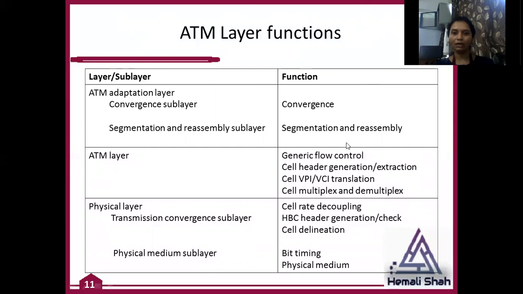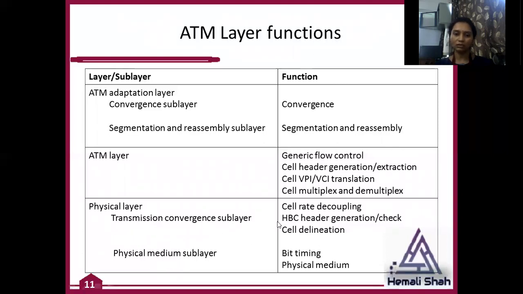The ATM layer basically performs functions like generic flow control, cell header generation and extraction, cell VPI and VCI translation, and cell multiplexing and demultiplexing. The physical layer again has two sublayers, the transmission convergence sublayer and the physical medium sublayer.